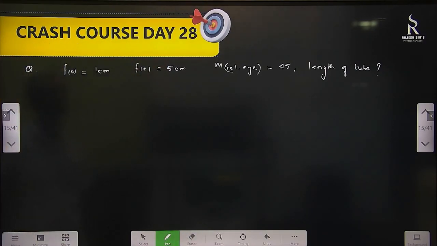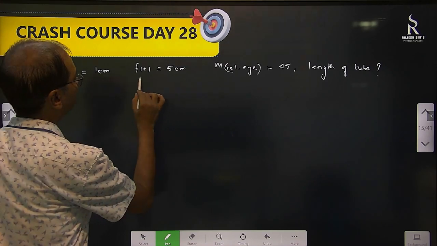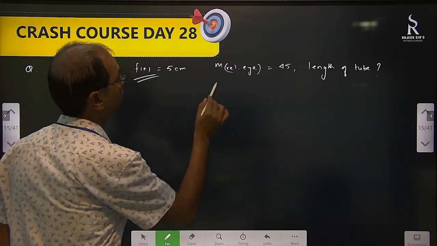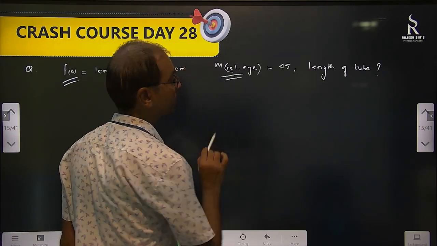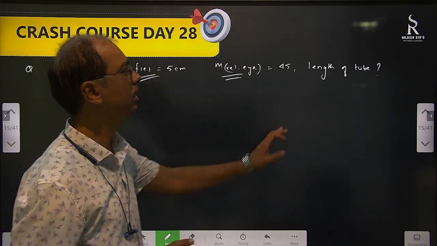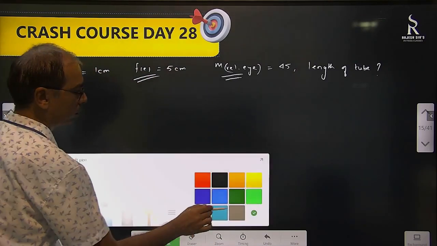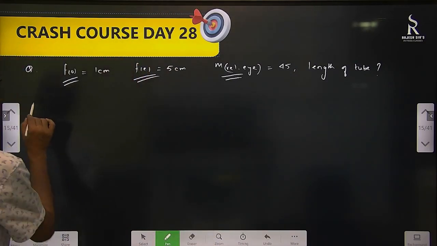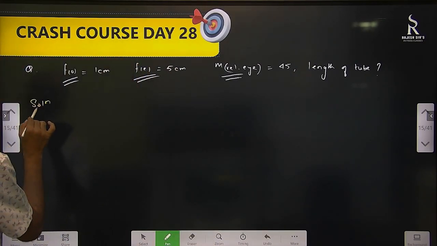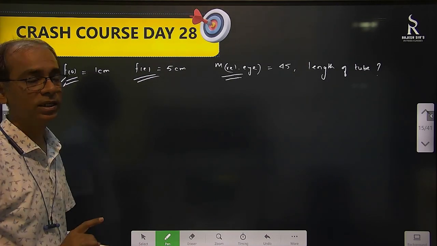Okay, so see now what it is. Focal length of objective given, focal length of eyepiece given, magnification for relaxed eye. Relaxed eye means final image is forming at infinity, and then he is asking length of the tube. Okay, see then what we have to do. So magnification for relaxed eye is 45.